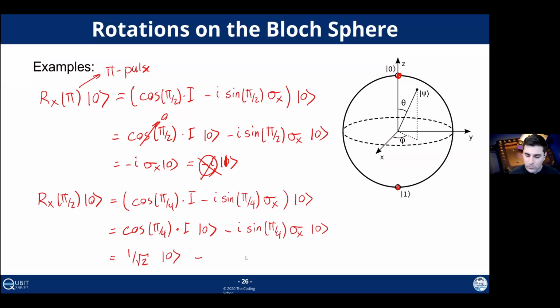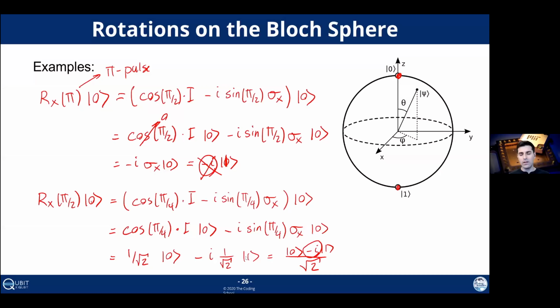So I'll have i, and sine of pi divided by 4 is 1 divided by square root of 2, of course. And if I were to write this out, it would be 0 minus i times the 1 state, divided by square root of 2. So actually, most of the answers that we got this time around were wrong because this phase in the middle is different.